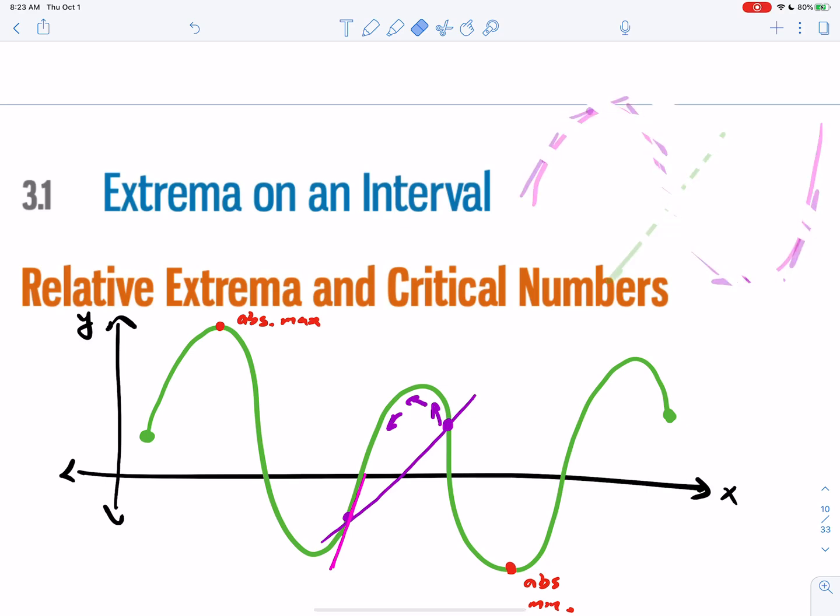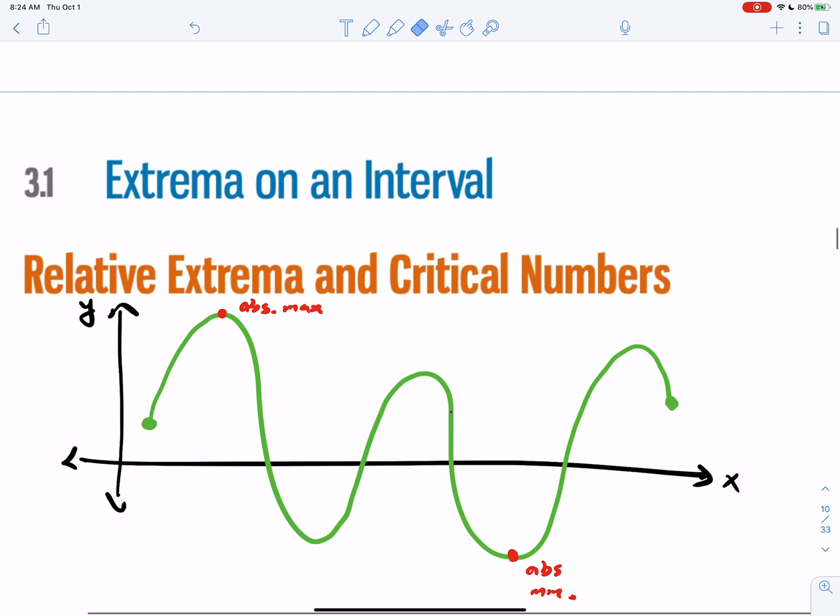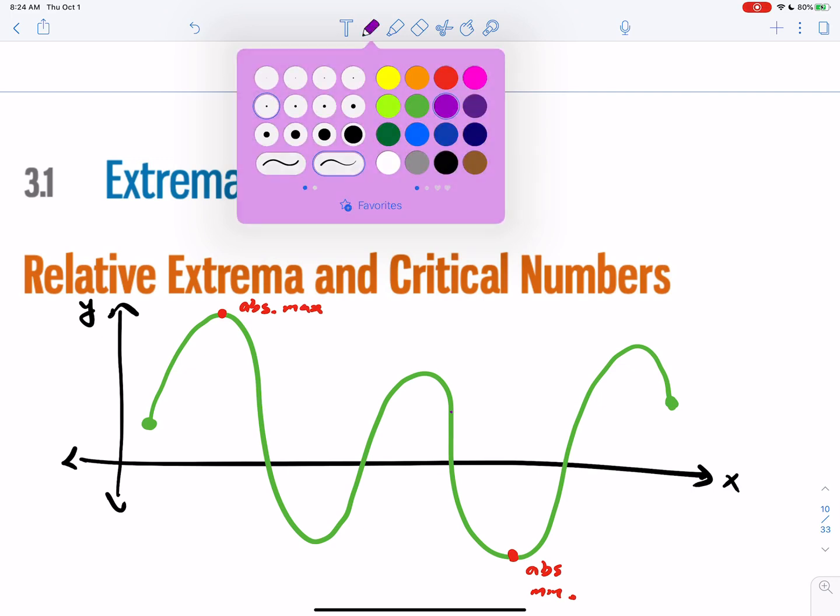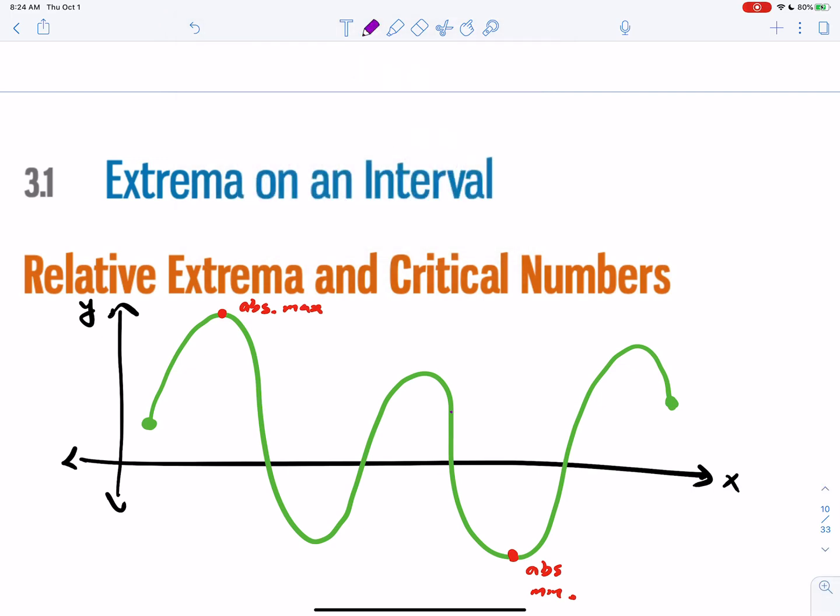All right, so here's what I want you to do. Let me erase this real quick. If you were to draw a tangent line at the absolute extremas here, what would it look like? Do this in pencil in case you make a mistake, but give it a guess. At these 2 red points right here, how would the tangent line look?